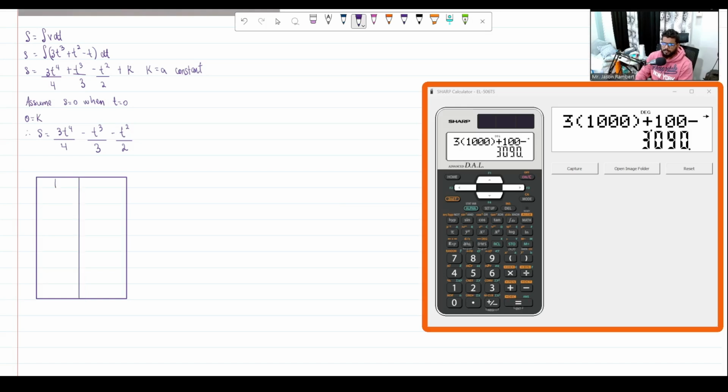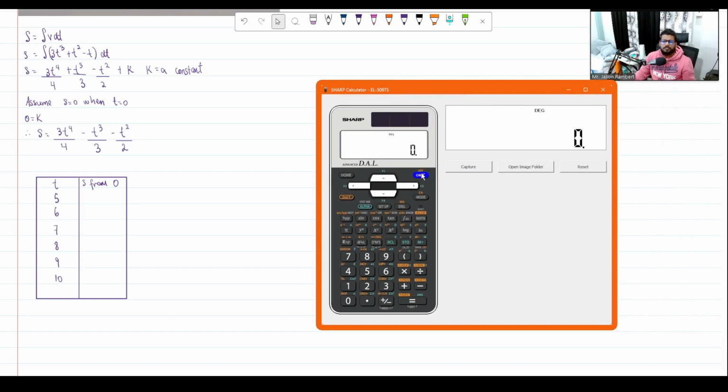We're going to have time, and we're going to have s from O. Time at 5 seconds, 6 seconds, 7 seconds, 8 seconds, 9 seconds, and 10 seconds. And we're going to be using our calculators a lot, right? So it will make sense when I start calculating 6, 7, 8 and so on.